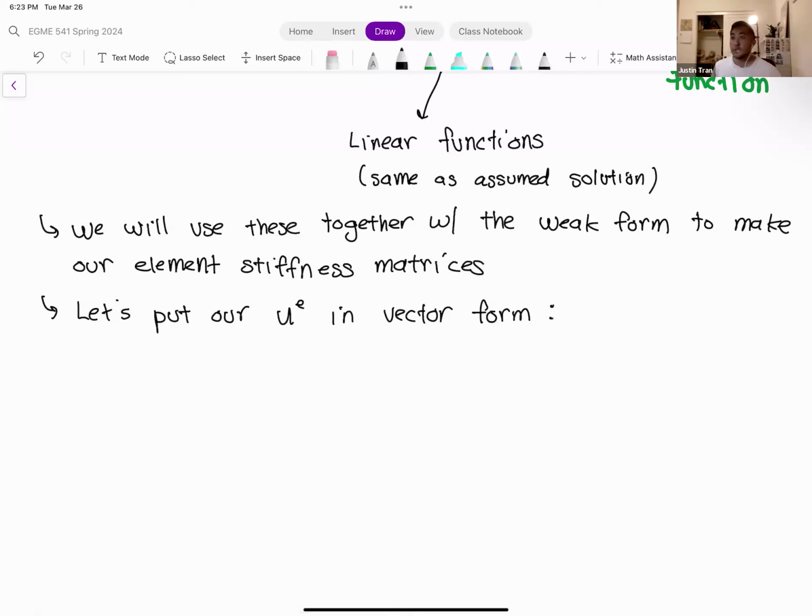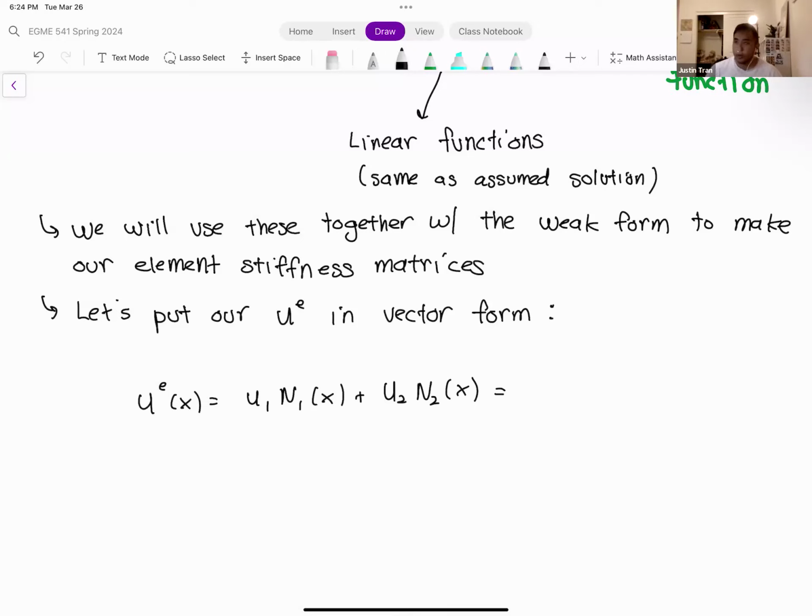Since we have a distinct U1 term and a distinct U2 term, we can group it together like this. Since u^e of x is equal to U1 N1 of x plus U2 N2 of x, this seems like a dot product.